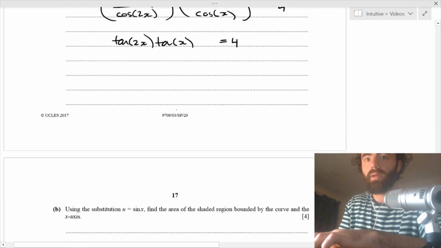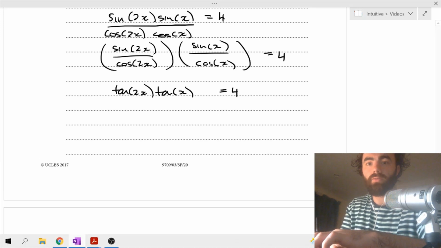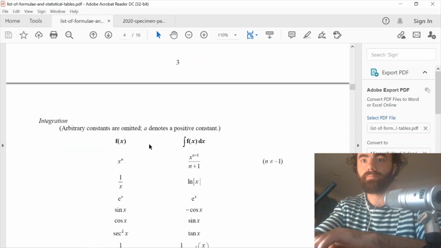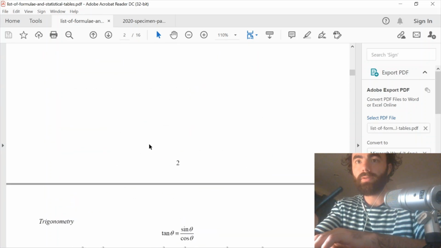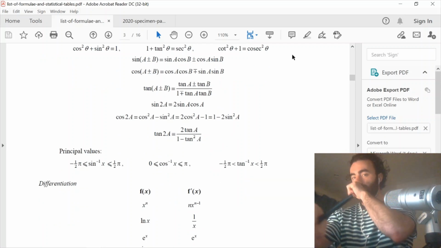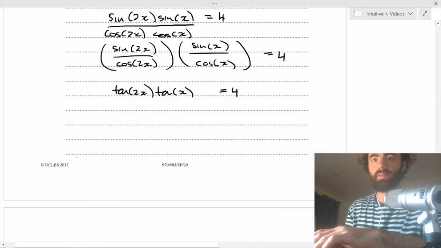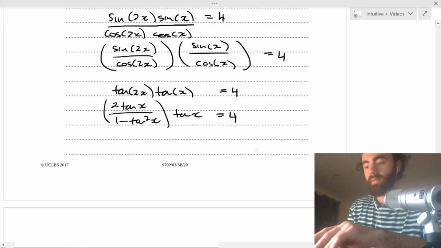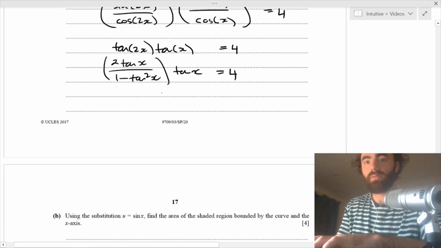So we're getting somewhere. And tan of 2x, if you go on your formula sheet, is 2 tan x over 1 minus tan squared x. So this is the same as saying 2 tan x over 1 minus tan squared x times tan x equals 4. Let's do some more rearranging.